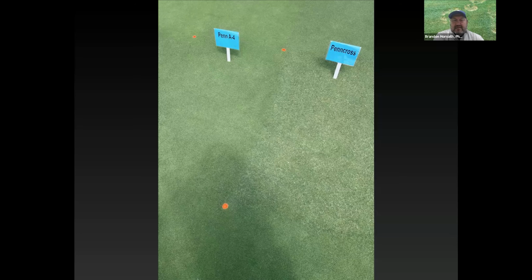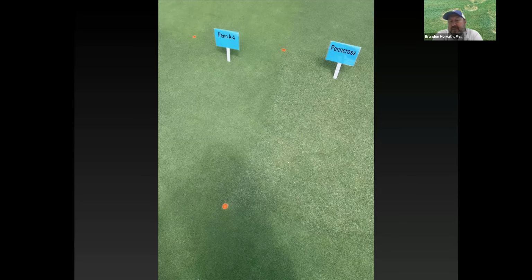So you're getting things like 777, Declaration, 007, L93-XD, Oakley, Piper, the Pure series, Pure Distinction, and others that are resistant to dollar spot as well as other things, and very fine textured, which allows for a very tight mowing height and very high putting quality.